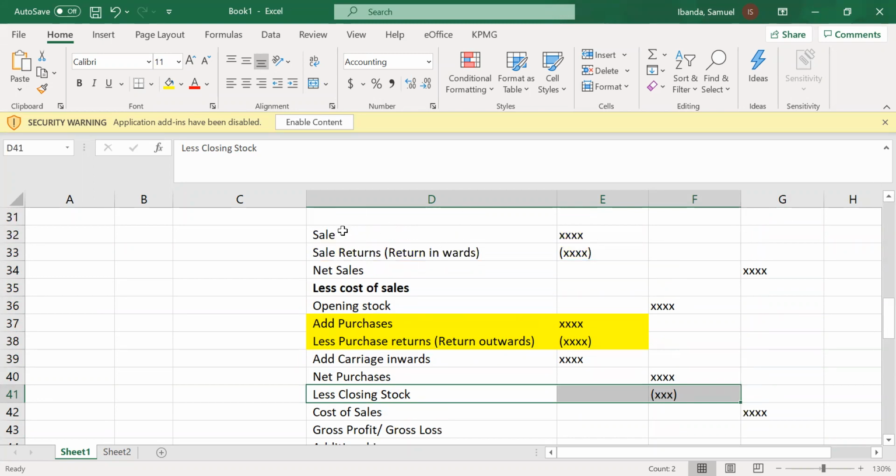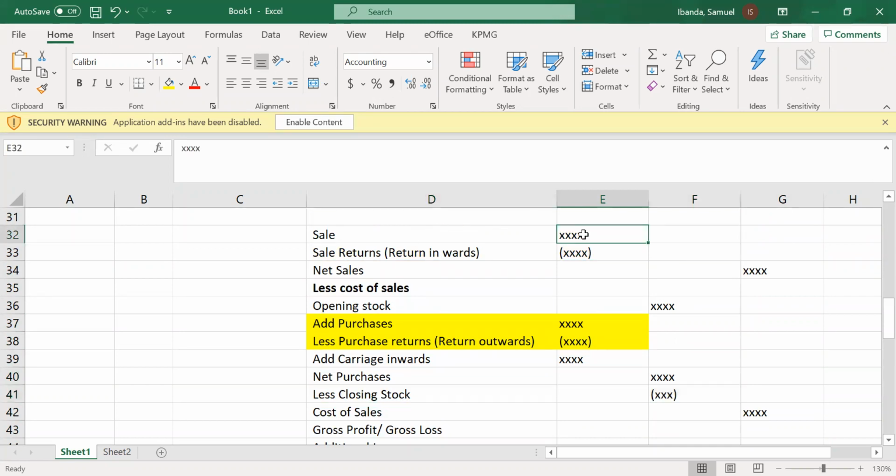When we're doing our sales, if this is our sales, less net sales returns, we're able to get our net sales. And then we do our cost of sales, and then we get our gross profit. Now, this is the thing: the higher the cost of sales, the lower the profit. Because in calculating the profit, we take the net sales and subtract the cost of sales to determine the gross profit, which influences even the profit that we close with.